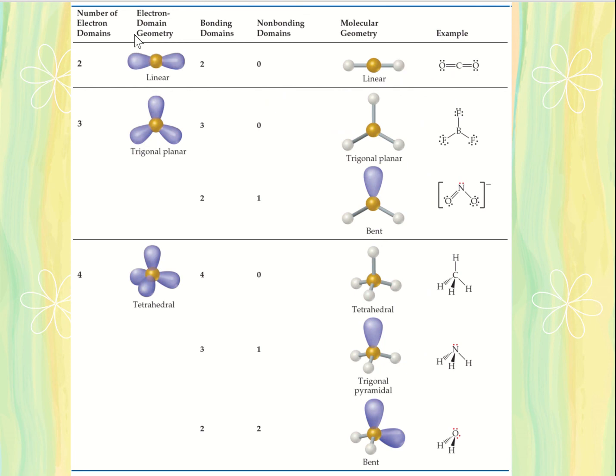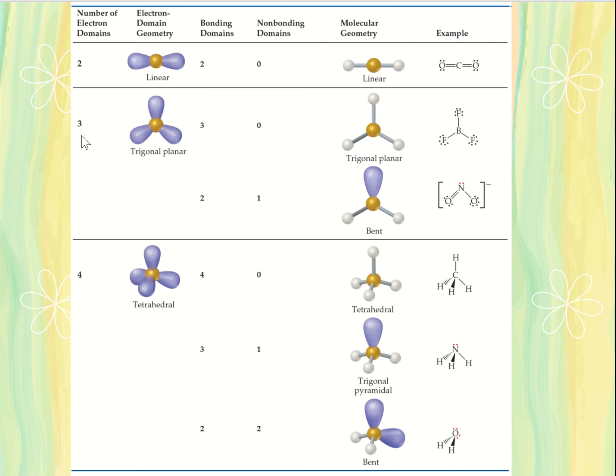Notice here that in this column we have electron domain geometry, and in this column we have molecular geometry, right? And in some cases our electron domain geometry is the same as our molecular geometry. But what we need to keep an eye on is the non-bonding domains, right? That is the key for distinction of the electron domain geometry versus the molecular geometry, right?